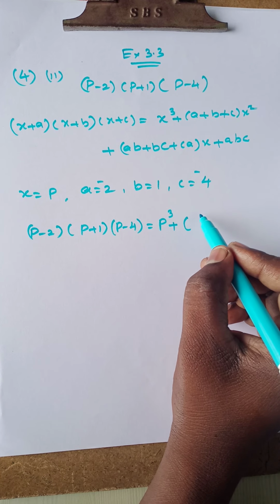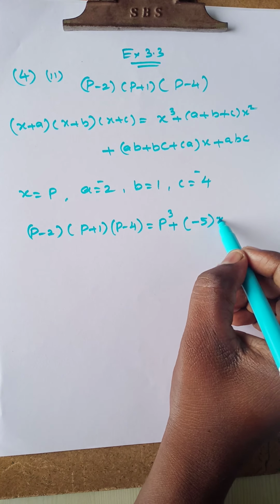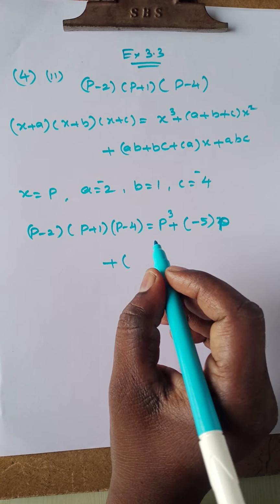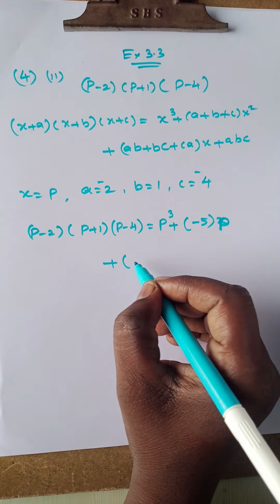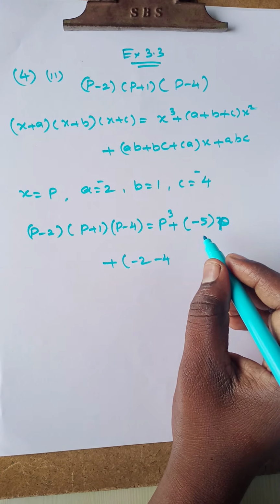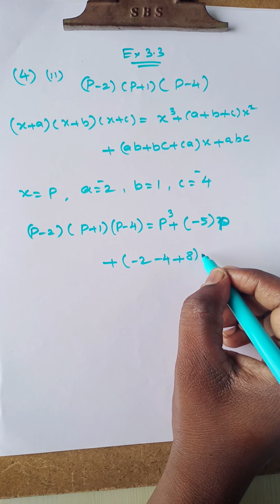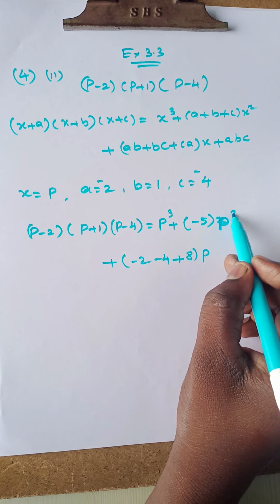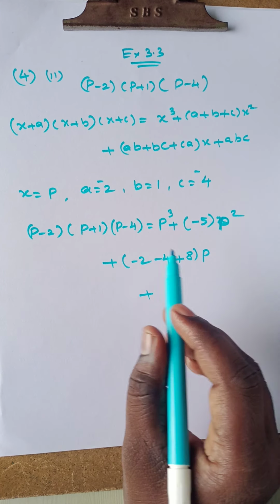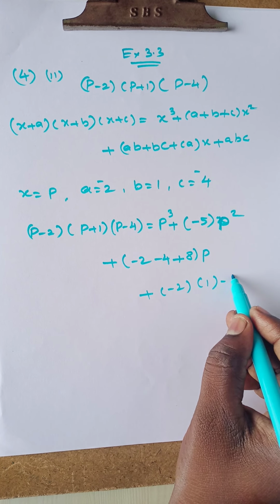Minus 5 into p square. Then plus ab, minus 2, bc, minus 4, minus and minus plus, 4 twos are 8, into p. Okay, and then plus, it is minus 2 into 1 into minus 4.